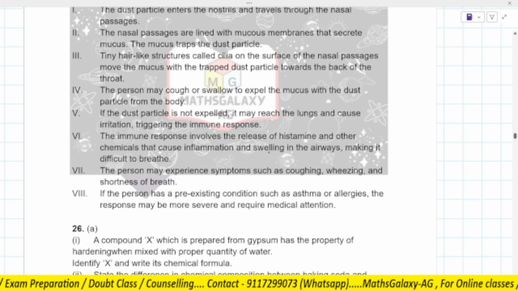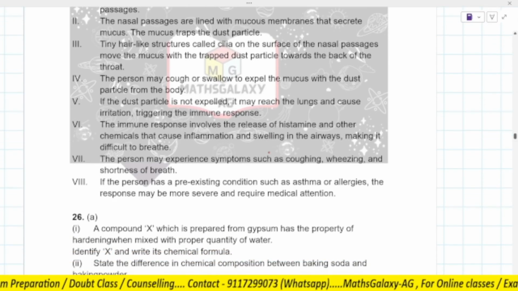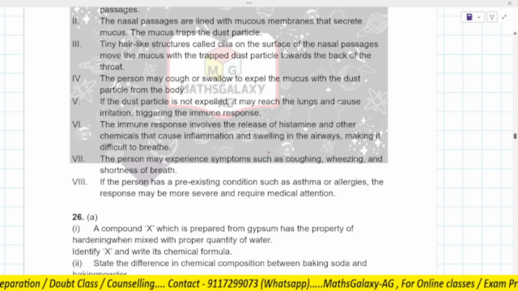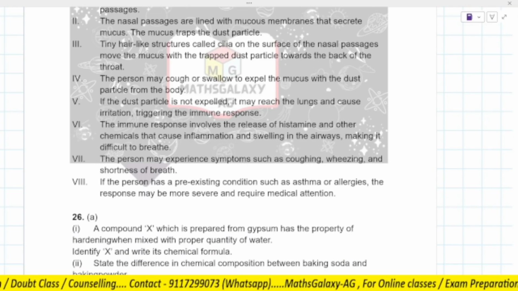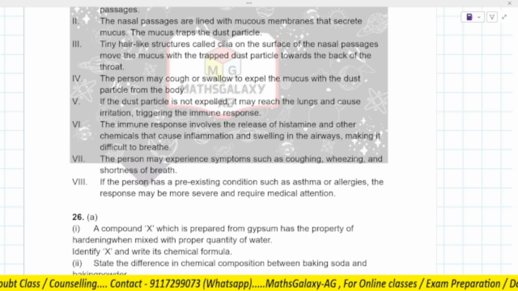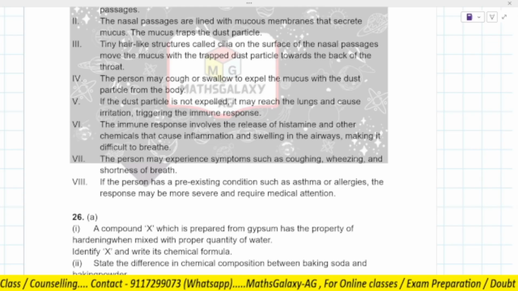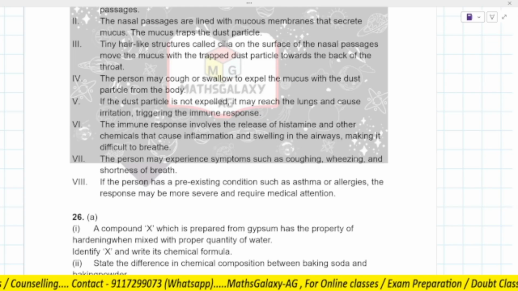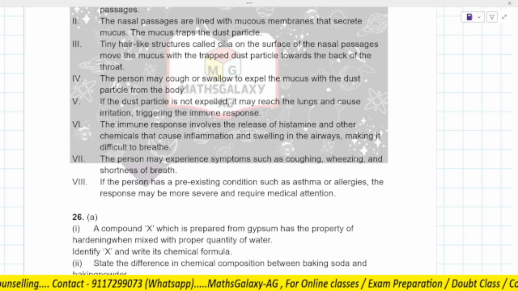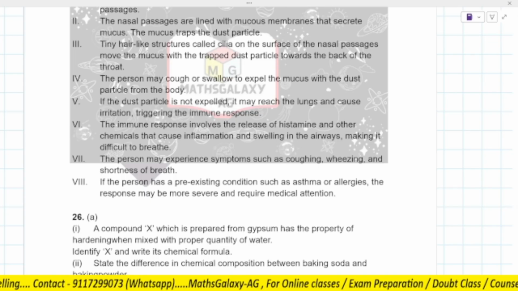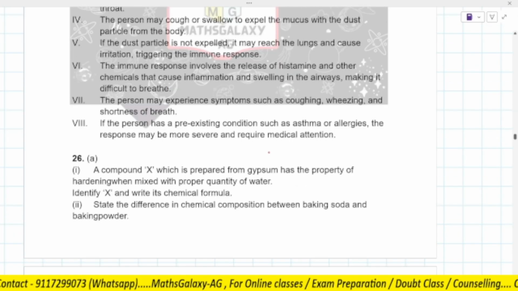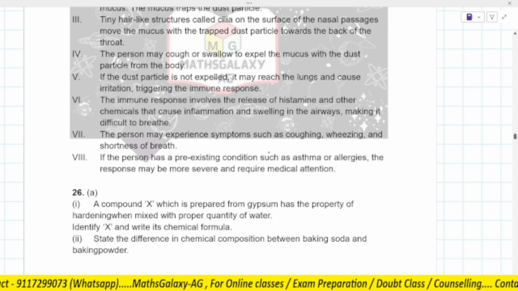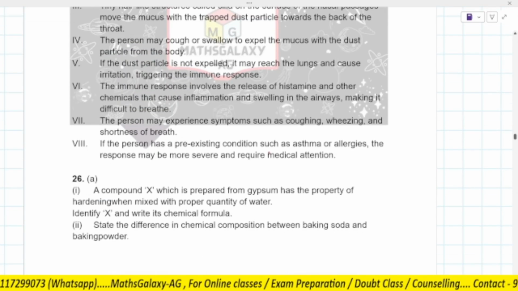The person may experience symptoms such as coughing, sneezing, and shortness of breath. If the person has a pre-existing condition such as asthma or allergies, the response may be more severe and require medical attention, right?